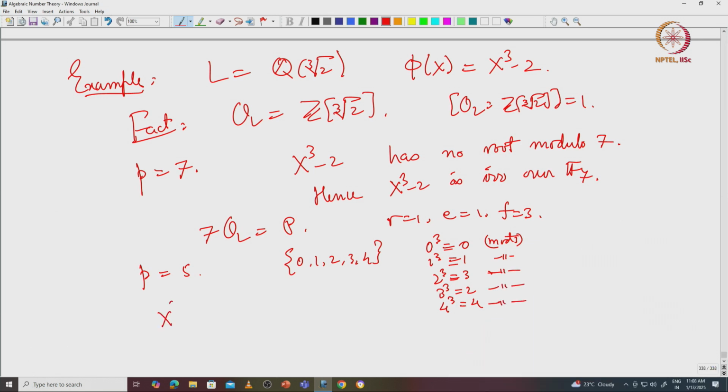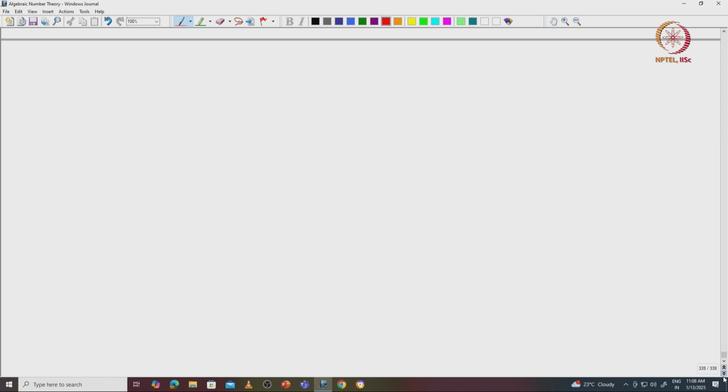Okay. So, x cubed minus 2 has a unique root in F_5, and it is not a multiple root.